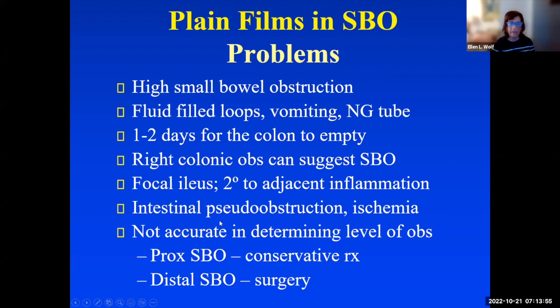And plain films are not accurate in determining the level of obstruction. So it may look like there's a high obstruction when there's actually a low obstruction. And this actually is important because proximal small bowel obstruction is generally managed with more conservative therapy, whereas for distal small bowel obstruction, earlier surgery may be considered.